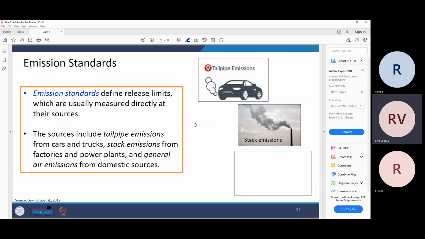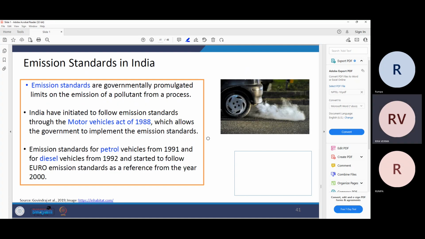And what are the sources for these emissions? These include your tailpipe emissions from cars and trucks, stack emissions from the factories and the power plants, and general air emissions from domestic sources. So what are the emission standards in India?